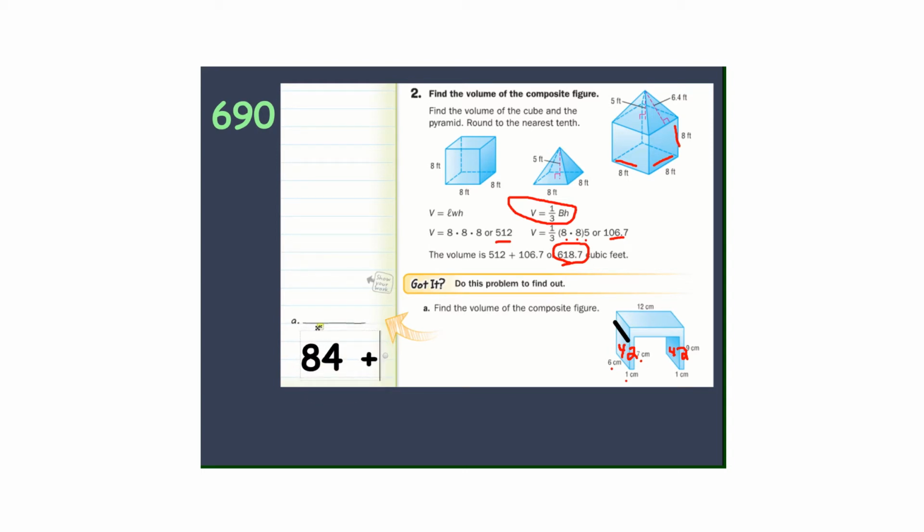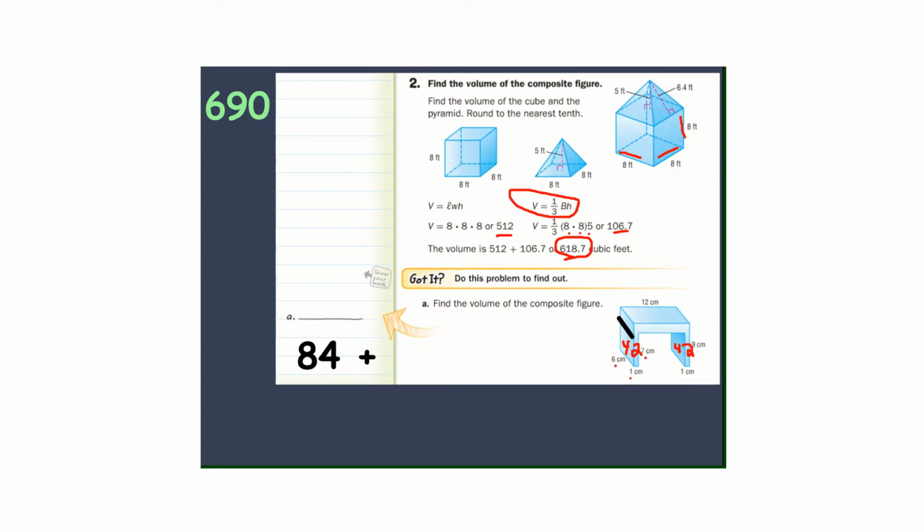And when I did this the first time, I made a mistake. So take a look here, and let me get a different color. Okay, so this is where I made a mistake. I did the 12 times the 6, and I wrote 72.